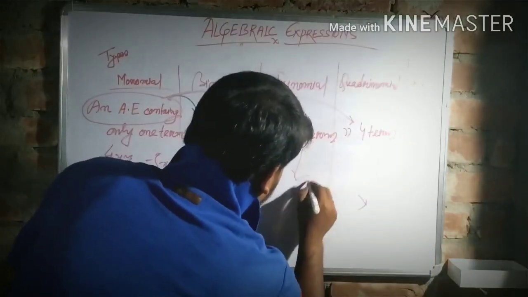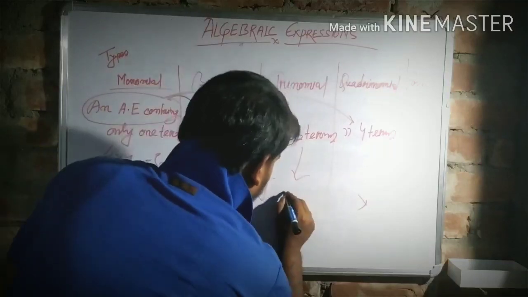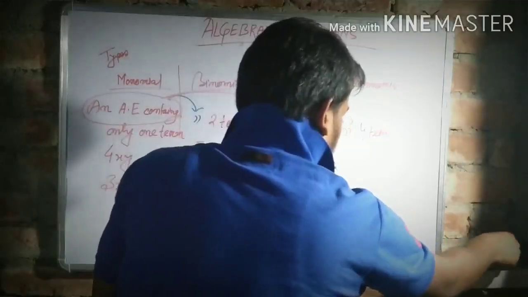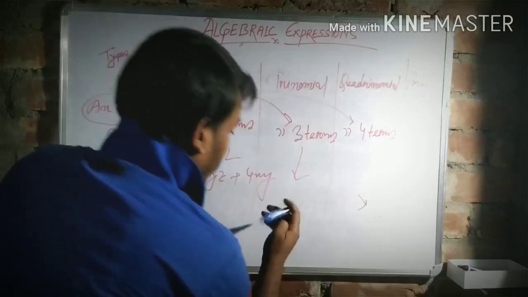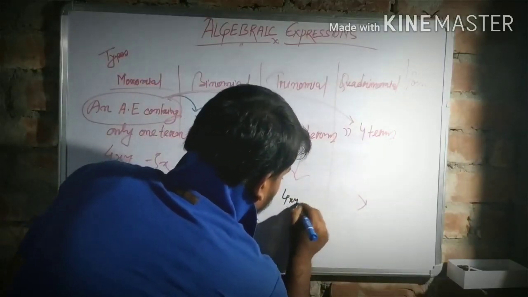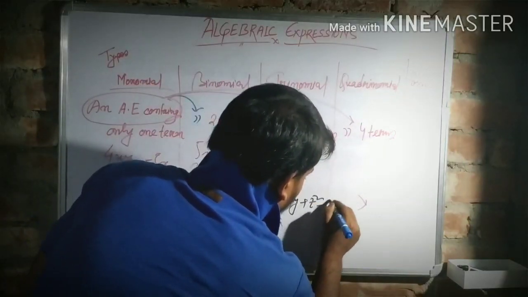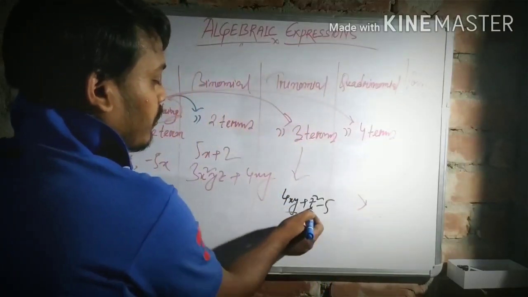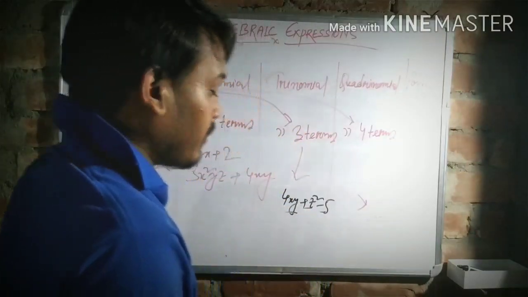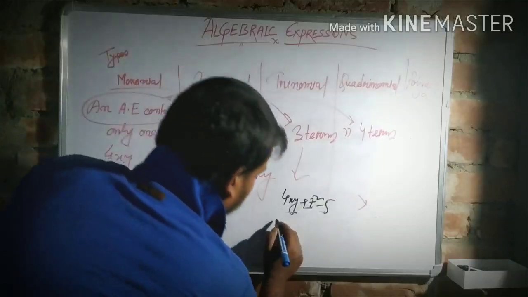Example, 4xy plus z² minus 5. So 1, 2, 3 terms. It is a trinomial.